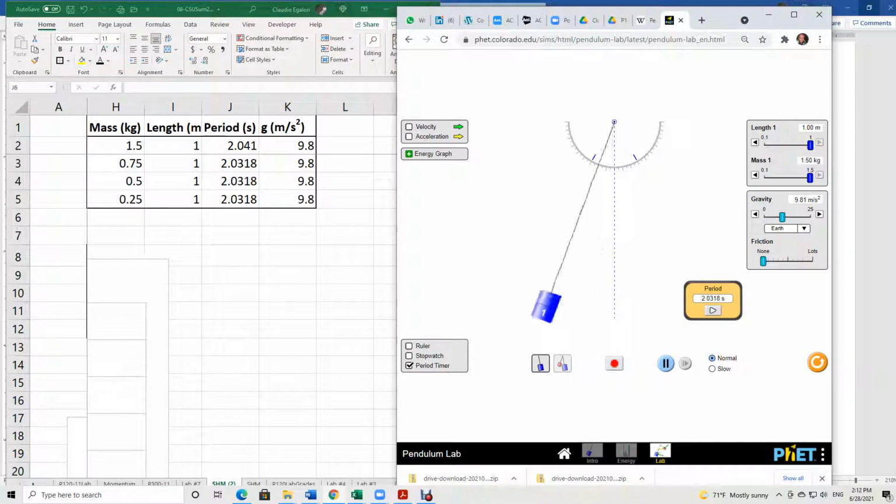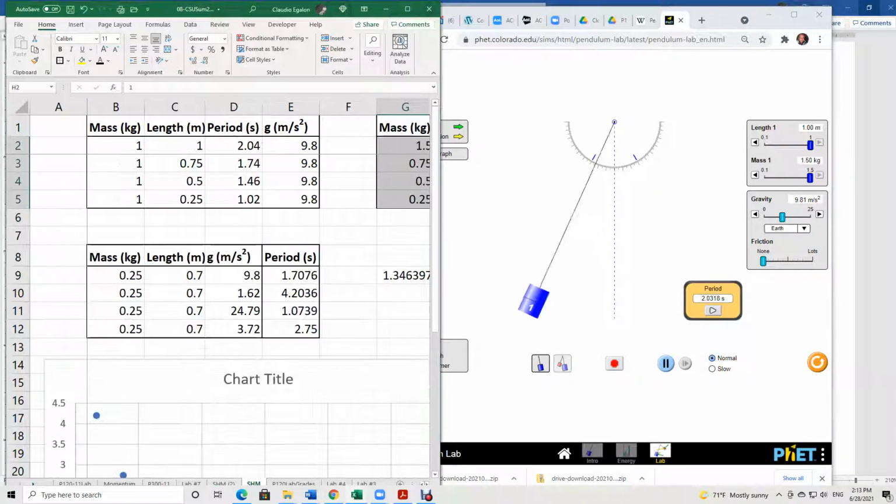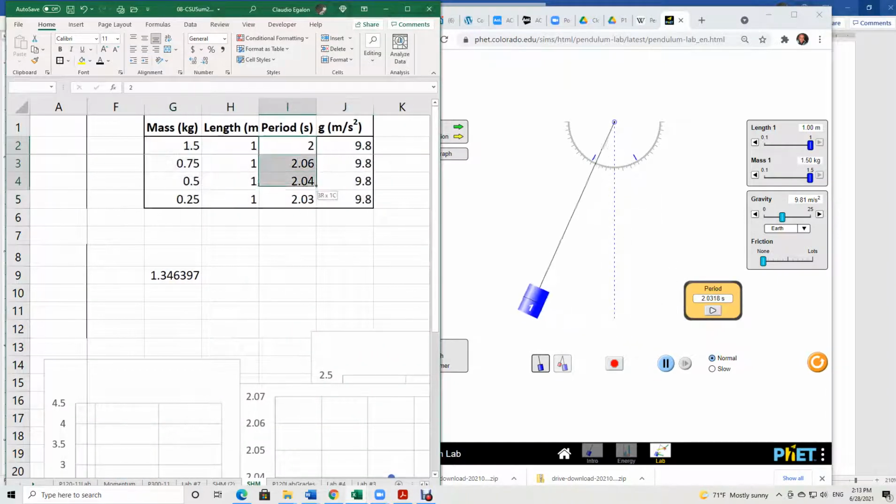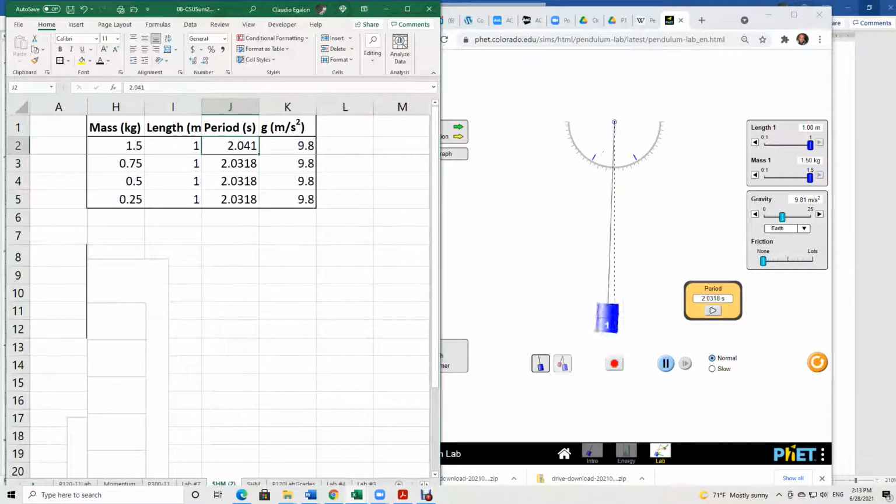Okay? But what I got before, when I was preparing that video, was something slightly different. Like that. This time I got everything being the same value. Okay. And then you can see by changing the mass, the period doesn't change much.